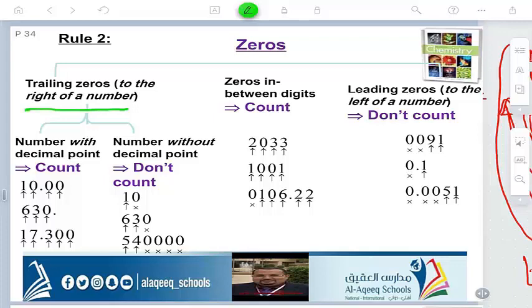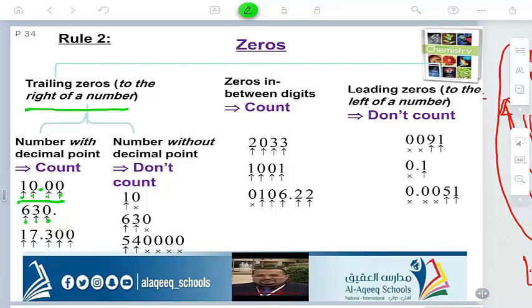If the number has a decimal point like this, we count the zeros. Look, 1, 2, 3, 4. The decimal is here and the zeros are on the right-hand side. What if the number has no decimal, like this, 1, 2, 3?